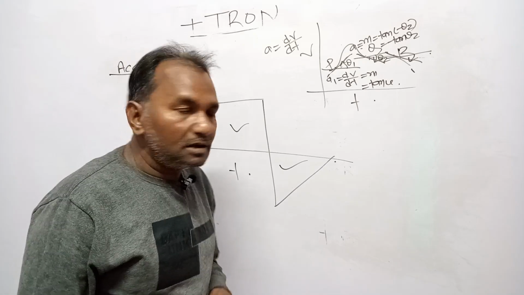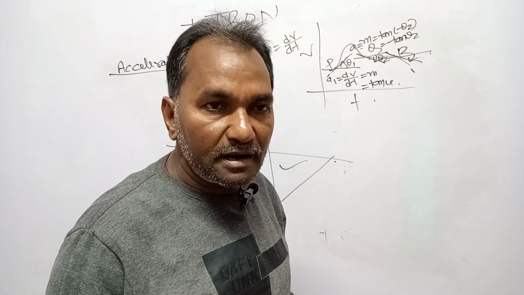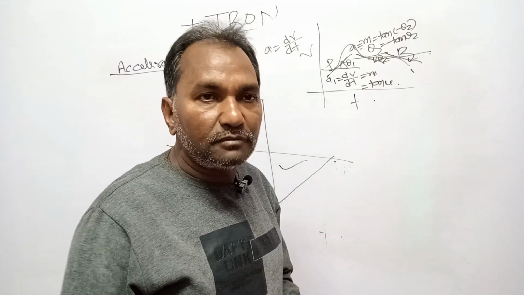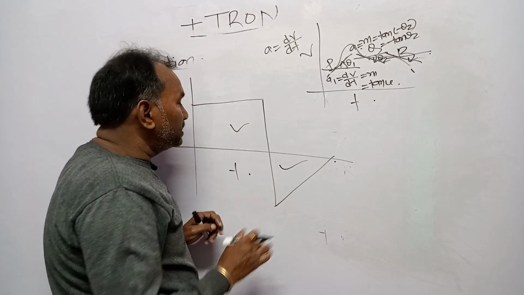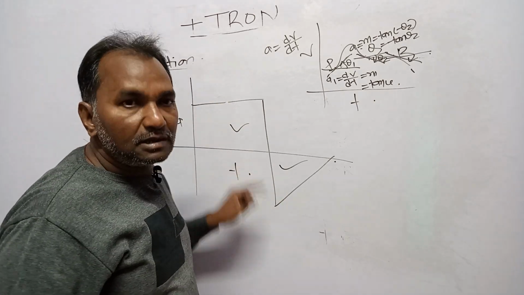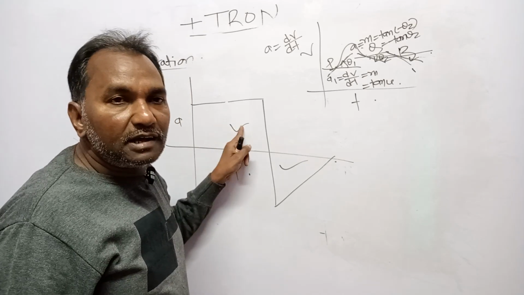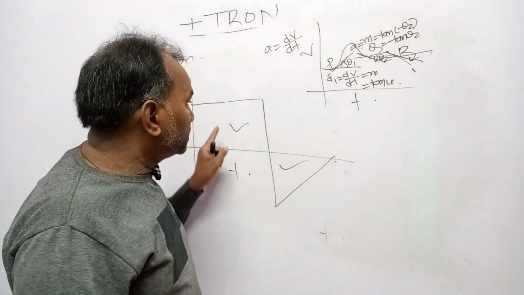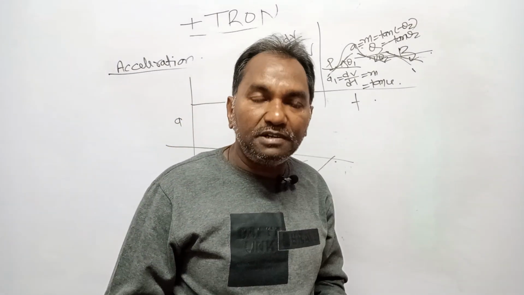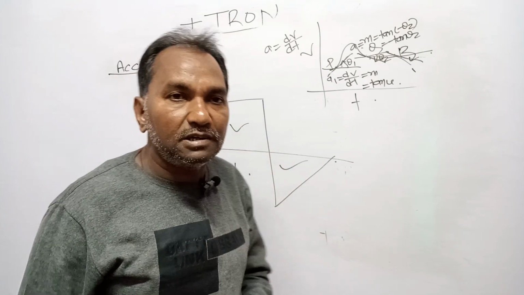If you consider these areas positive, meaning you are not considering the sign at all, then it will turn into the speed. If the graph is plotted between acceleration and time, then the area, by not considering the sign, will represent the speed. But if you consider the sign, then it will represent the velocity.